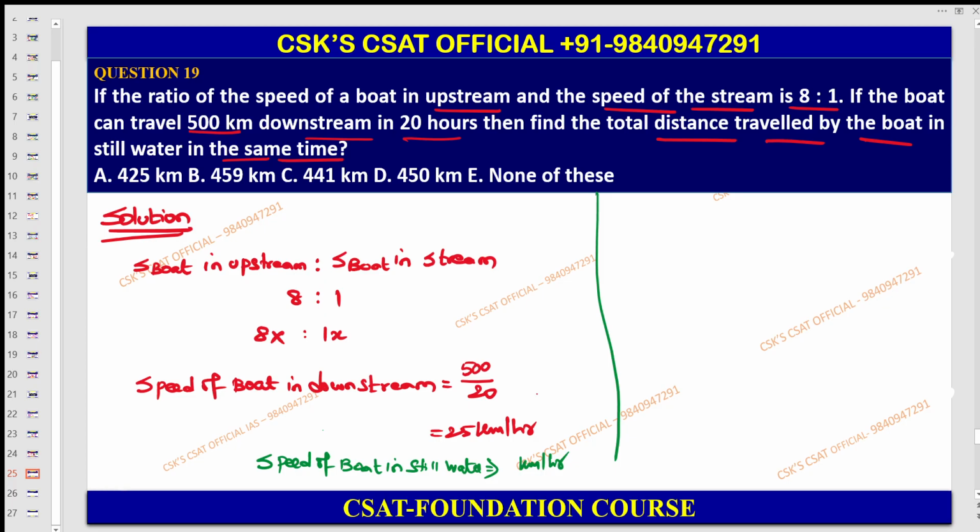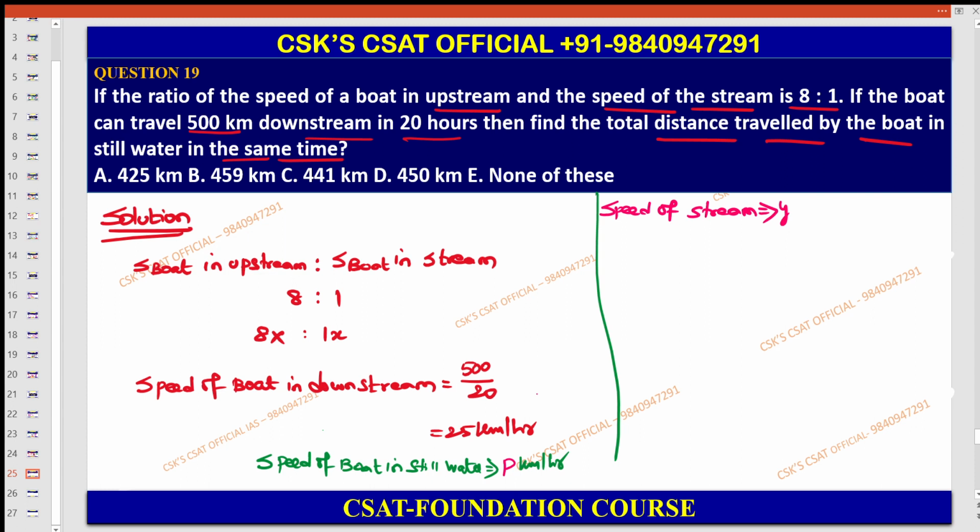Okay, let us take the speed of the boat as p. Then the speed of the stream you can take as y. Y is not given, so you can take it as y kilometer per hour, because I chose x in the ratio, that is why I'm not using x here.